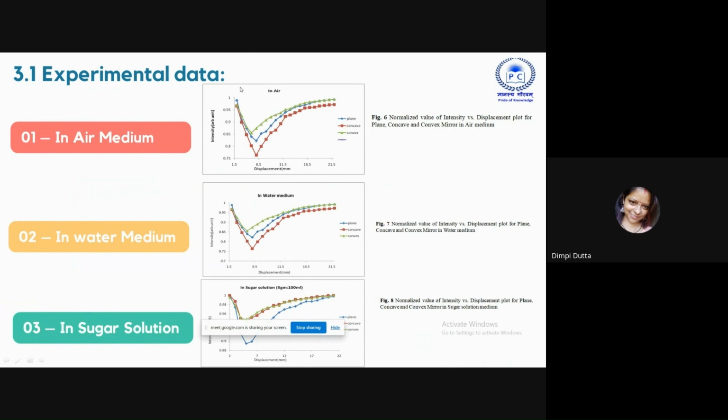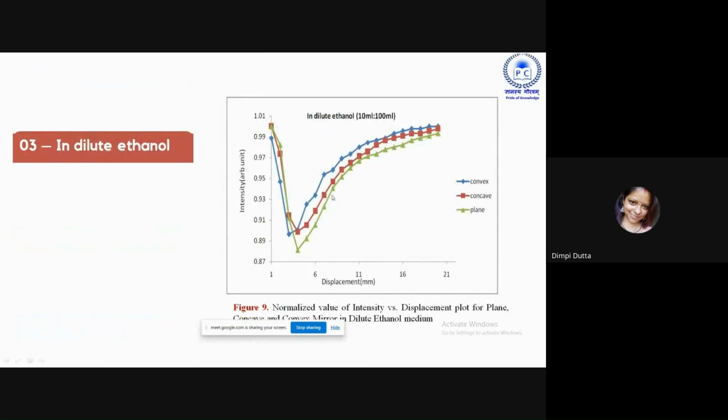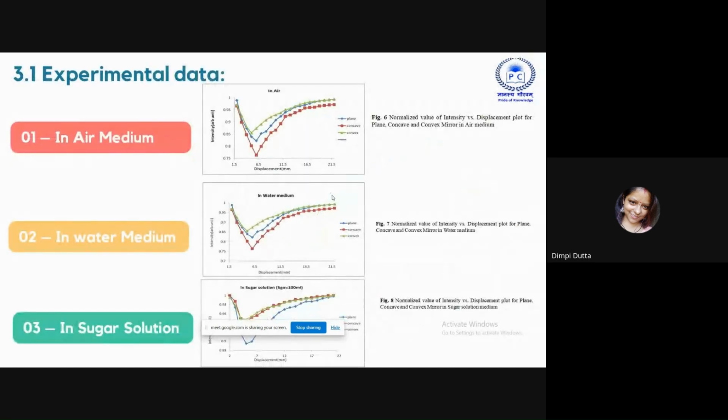But out of all the three, in case of air medium, water medium, and sugar solution, and the dilute ethanol was an additional experiment we have performed, we have seen that the convex mirror shows more intensity than either of the other two, concave and plane.